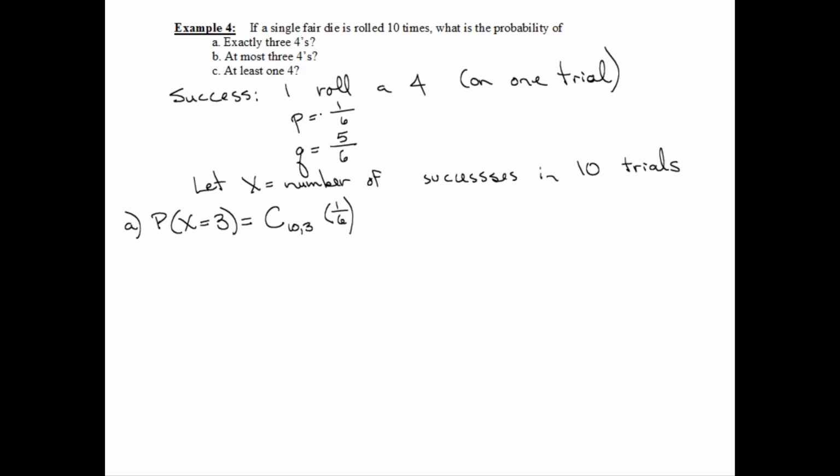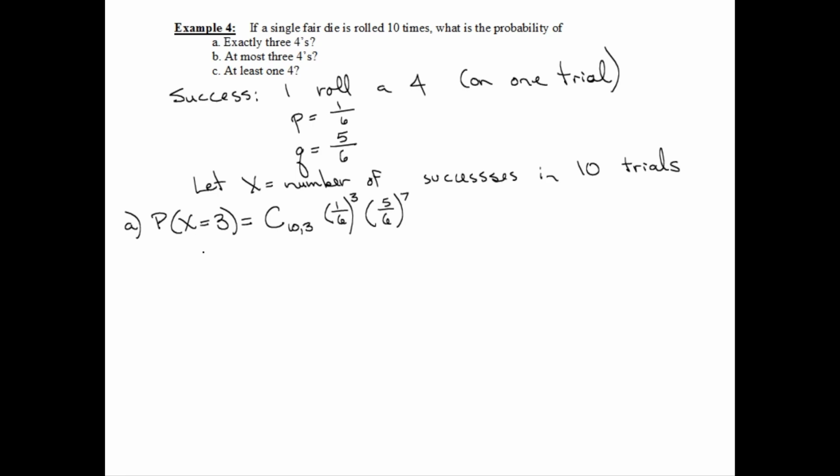So if that's the probability of success, how many successes do I have? 3. Now I take the probability of failure, which is 5/6. The exponent on this one will be the number of failures. If I have 3 successes in 10 trials, how many failures do I have? 7, because I have to have 10 altogether. Notice these two exponents, the 3 plus the 7, add up to the number of trials.